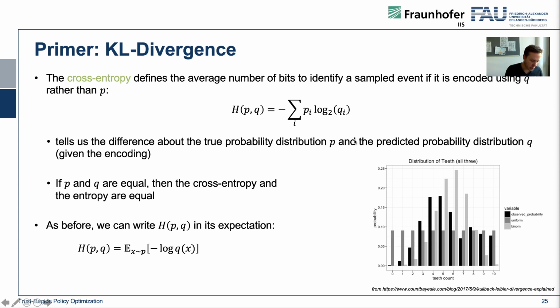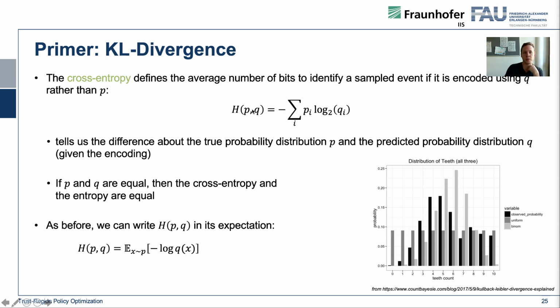Now, if you're talking about two distributions, you can come up with the cross entropy. The cross entropy is defined as the average number of bits to identify a sample event of some probability distribution P, if it is encoded using Q rather than P, which is then something like this.